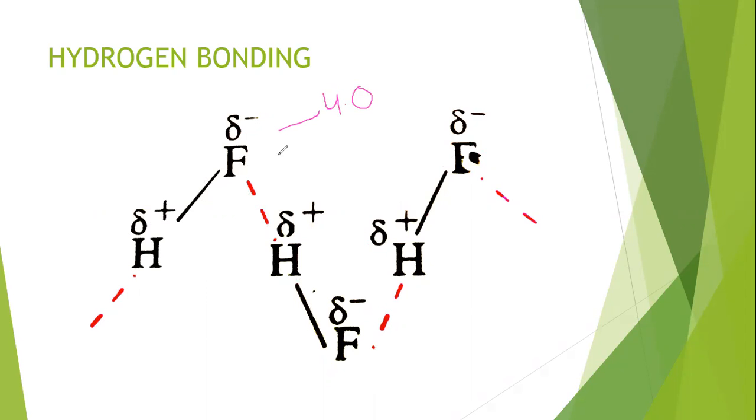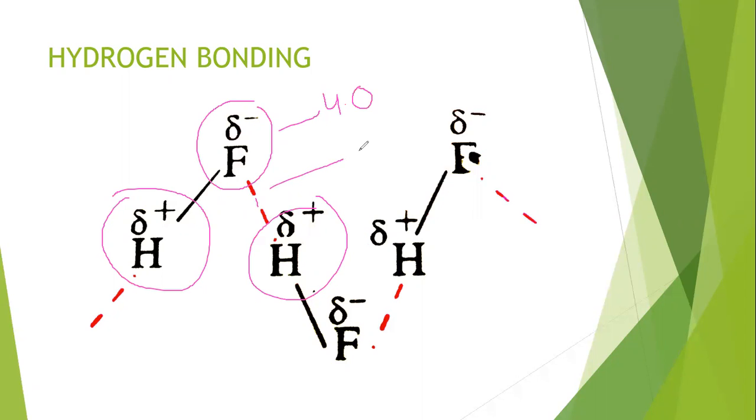Due to the difference of electronegativity, fluorine has a partial negative charge and hydrogen has a partial positive charge. Partial negative fluorine and the partial positive hydrogen atom of the other HF molecule will attract each other as a hydrogen bond, and these bonds are represented as a dotted line.